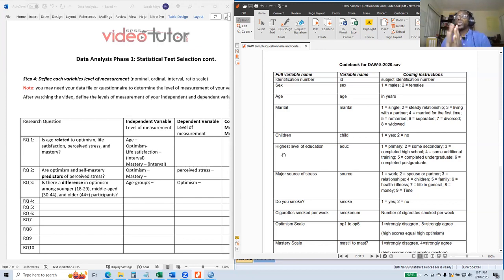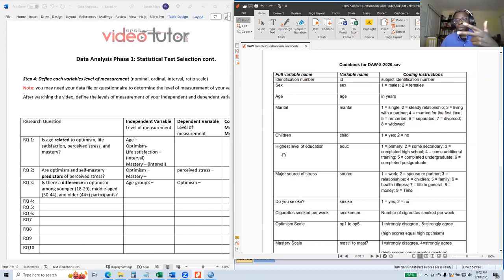Now, here's where the ordinal comes in. Let's say Robert is the tallest person in the class, and then Linda is the second tallest, and then Barbara is the third tallest. The tallest student would get 1, the second tallest would get 2, and the third tallest would get the number 3.